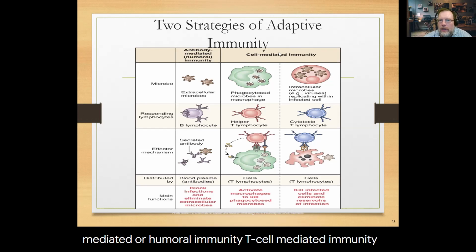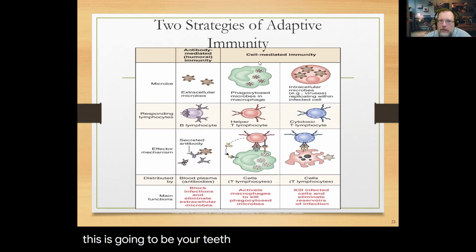Cell-mediated immunity is going to be your T cells. We're going to see a couple different pathways of T cell activity. We have the phagocytes that happen in that second line of defense. These phagocytes are part of the innate immune system.